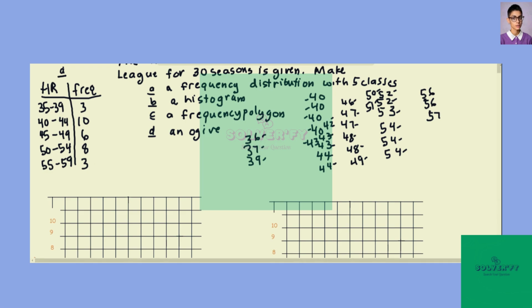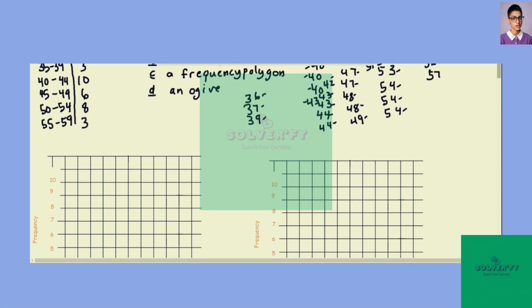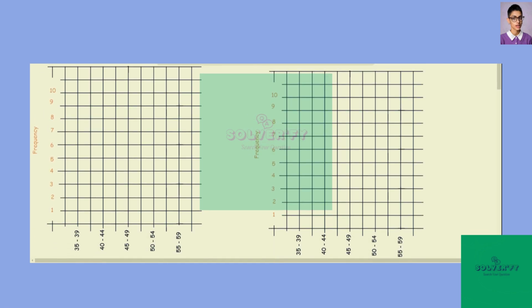Now we're going to make a histogram. So I already made the charts for us to use here. So 35 to 39, remember we had 3 there. So I'm going to make us a little bar thing here. Okay, and you don't have to color them in, but I can't draw a straight line using these pens, so I have to do it this way.